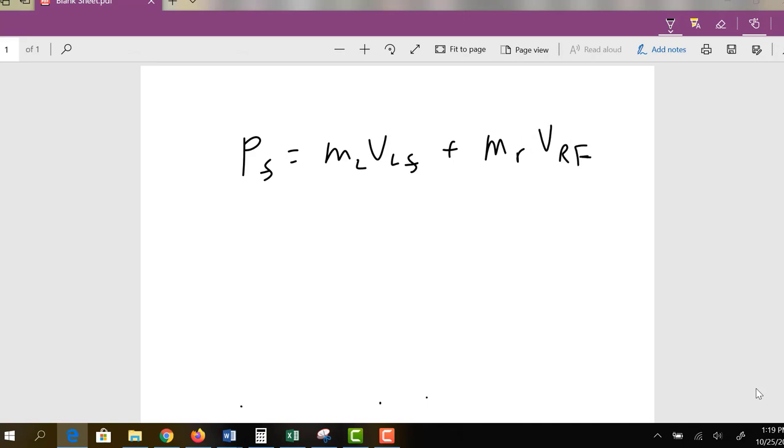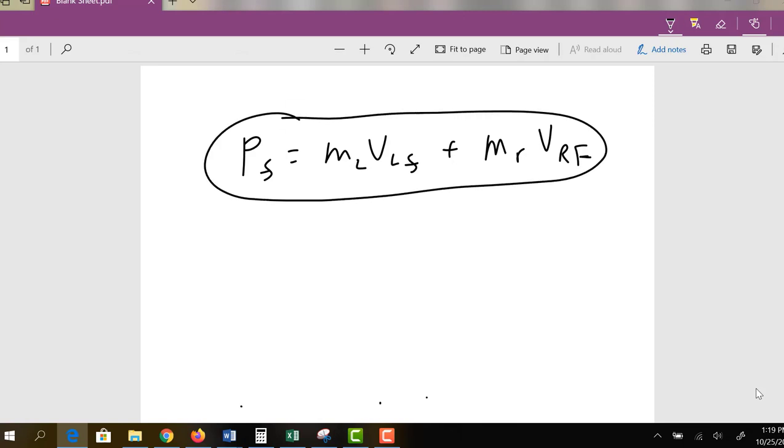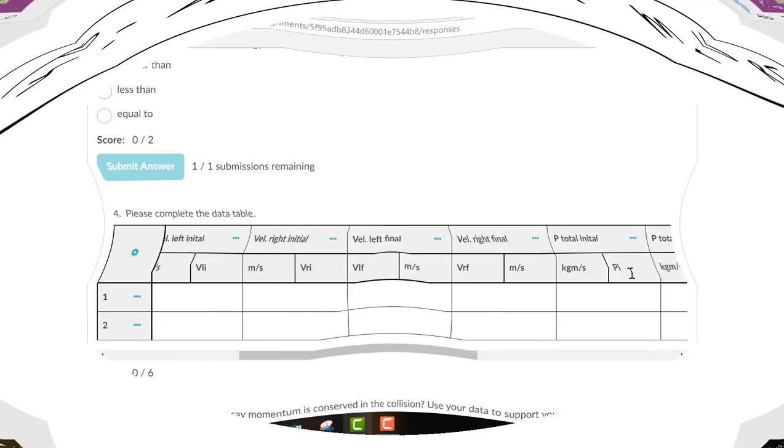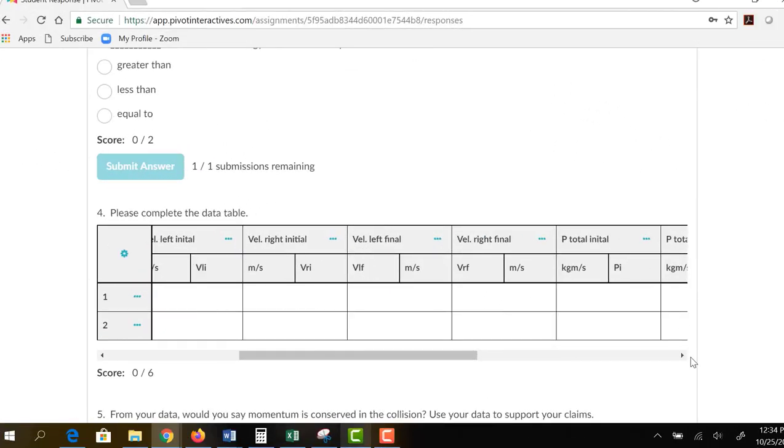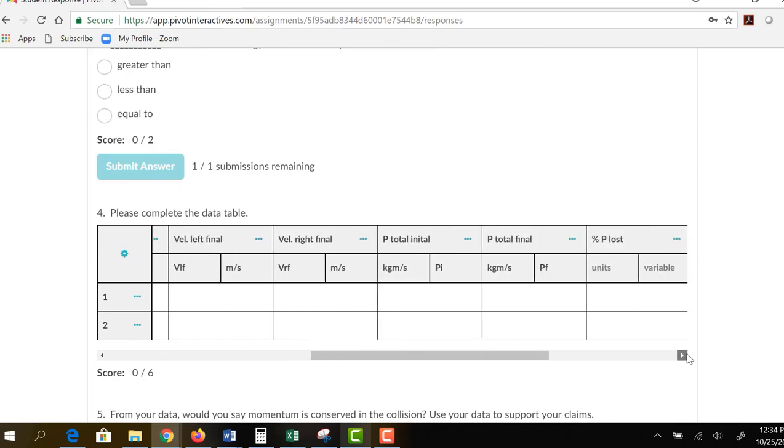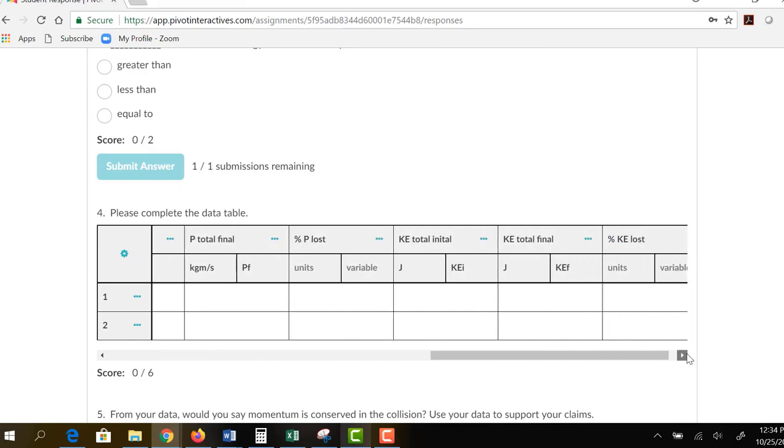And again, be careful with the signs. In the sticks together part, the final momentum was a different formula because the masses were stuck together. Here they're not stuck together, which means they don't have the same common final speed. So you'll have to take that into consideration when you figure out the total final momentum. Total momentum initial, total momentum final, percent loss, kinetic energy, that sort of thing.